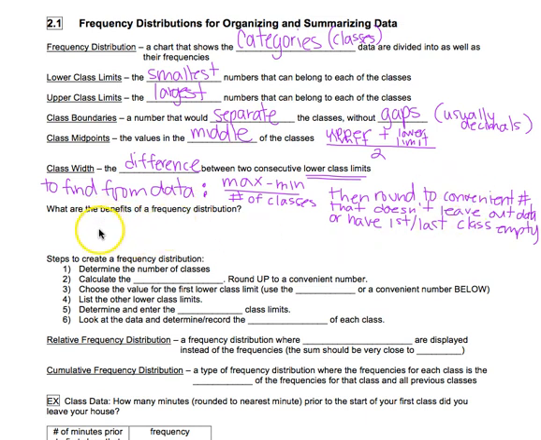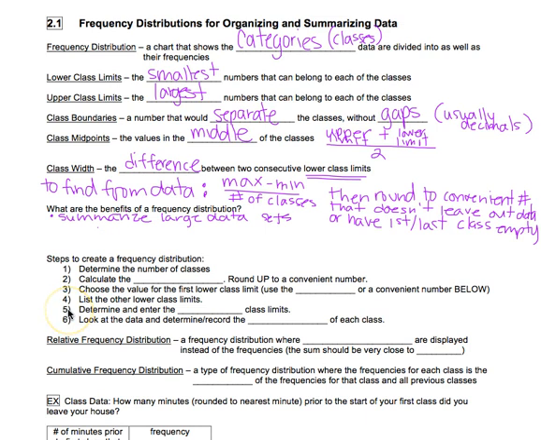What are the benefits of a frequency distribution? So why would we want one of these, in other words? First would be that this helps us to summarize large data sets. So we can analyze and/or draw conclusions more quickly when I'm looking at something in a frequency distribution than if I'm just looking at the whole list of data, especially the bigger the list gets.